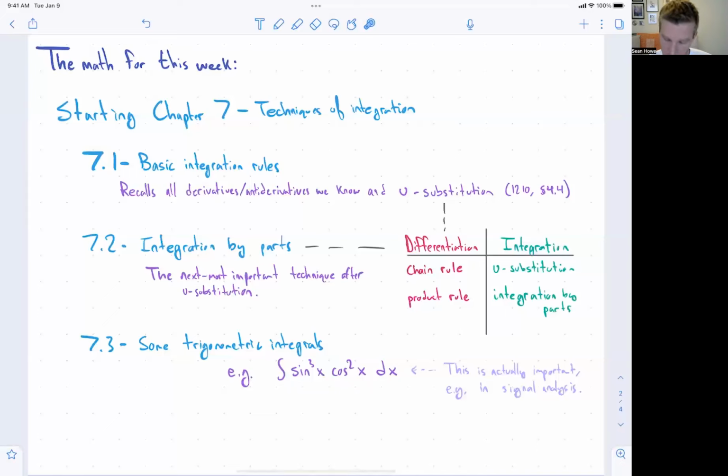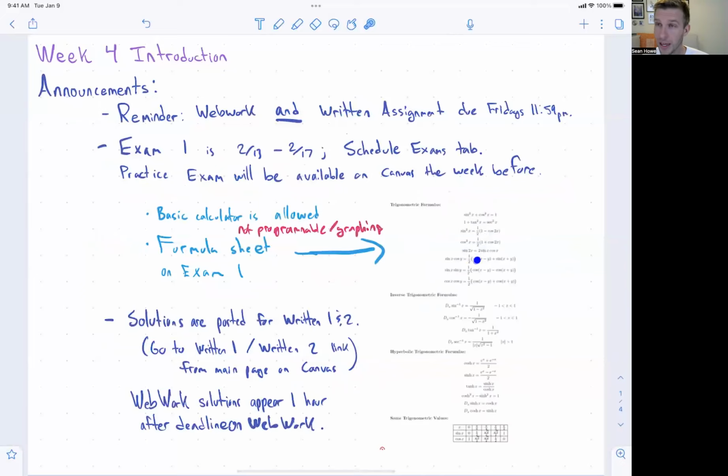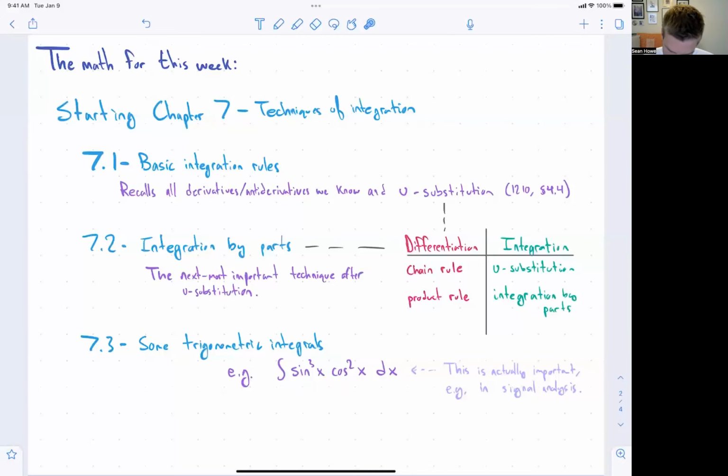And we're going to learn how to integrate such a thing. This is where these trigonometric formulas are going to come up, like the double angle formula and the half angle formulas. These come up when you're trying to give a good system for reducing this integral down to something you can solve.